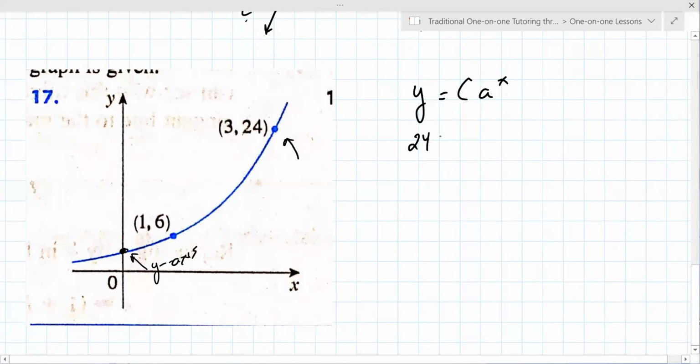So 24 equals c a to the power of 3. Just putting those numbers in for x and y. And there's 2 variables, and that's bad. Now I'm going to put this other one in. 6 equals c a to the power of 1. This one also has 2 variables.